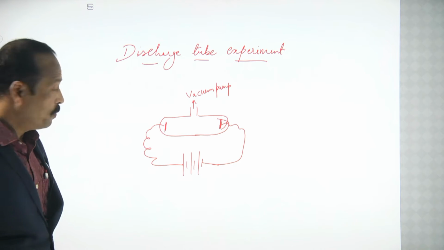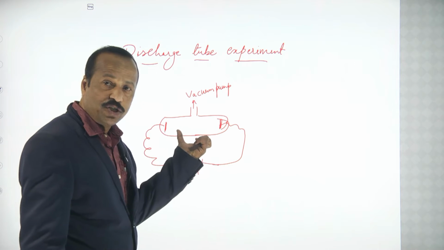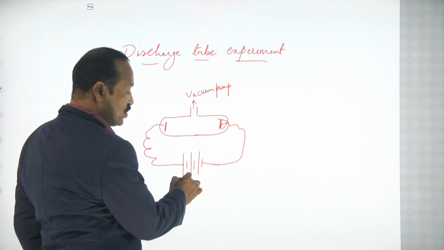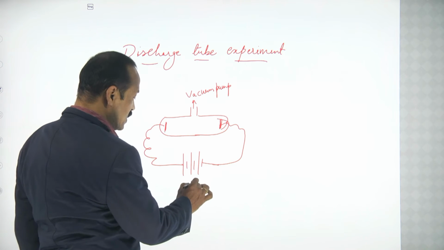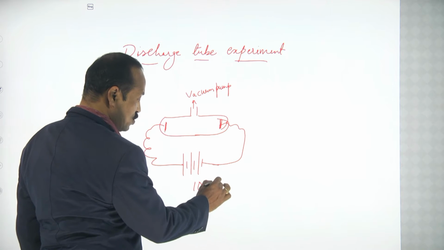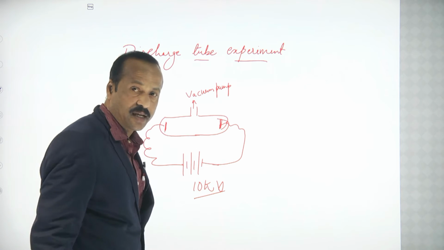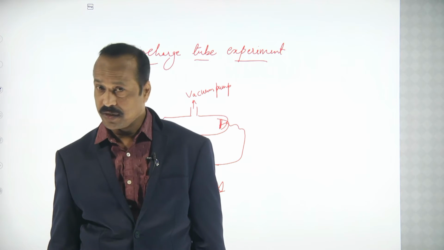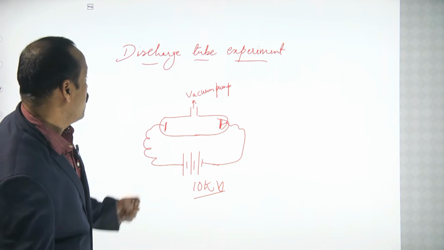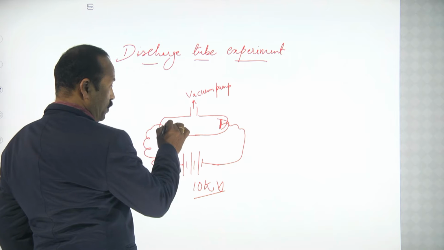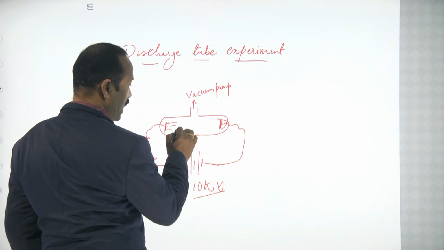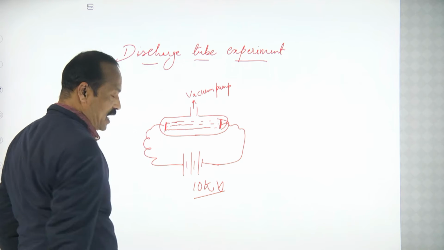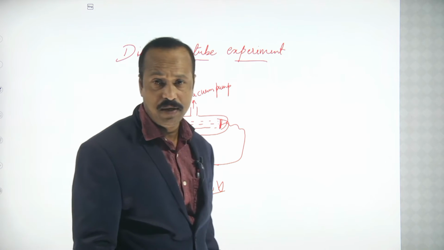By operating the vacuum pump, the pressure inside the glass tube is decreased, and at the same time the voltage, the potential difference, is increased to about 10 kV, meaning 10,000 volts. At this time, J.J. Thompson observed that particles from the cathode originate and travel towards the anode. Initially these were considered rays.